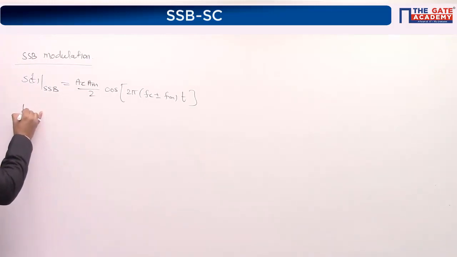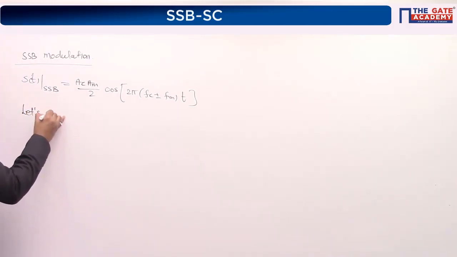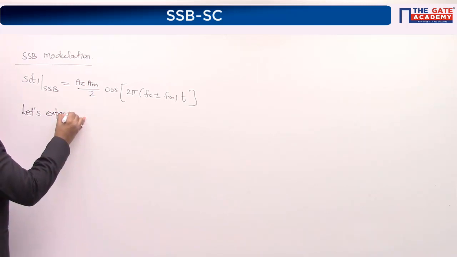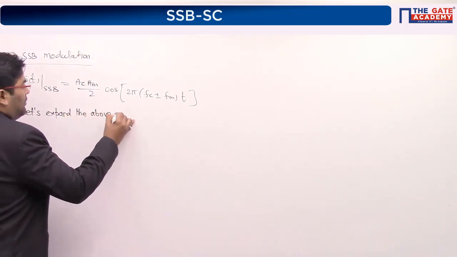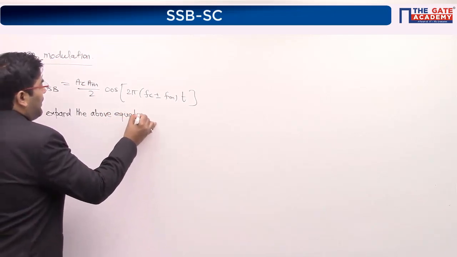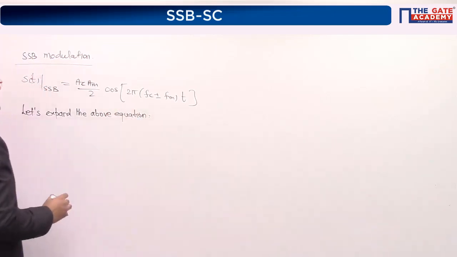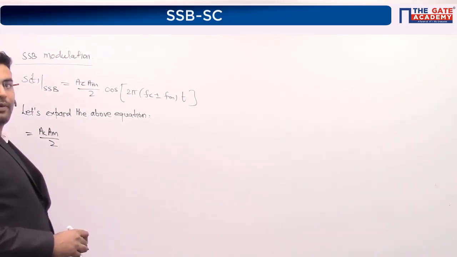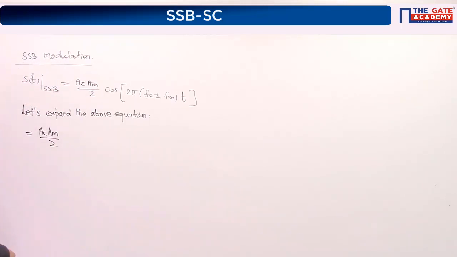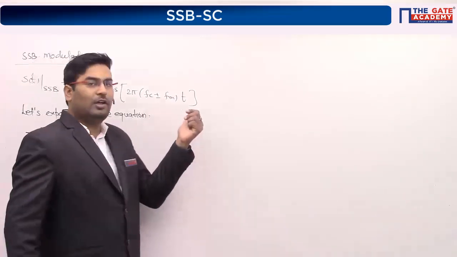Let's expand the above equation. So what will you get? You will get AC AM by 2. Now it is cos of A plus B as well as minus. So cos of A plus B is what?